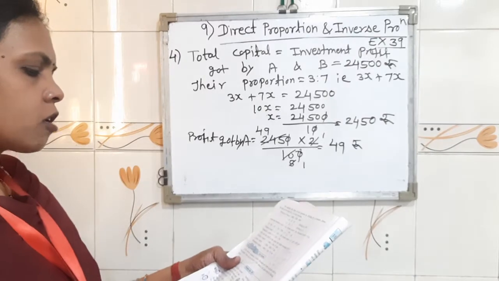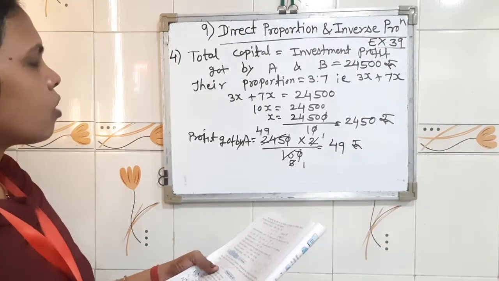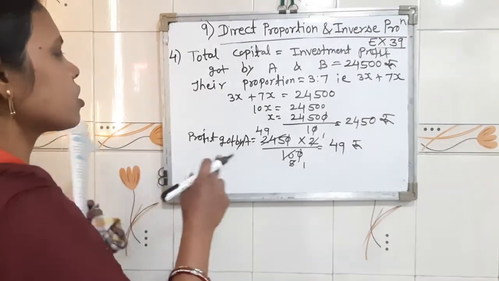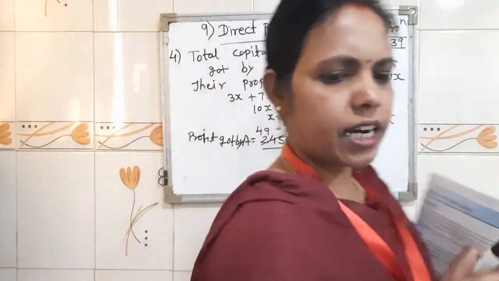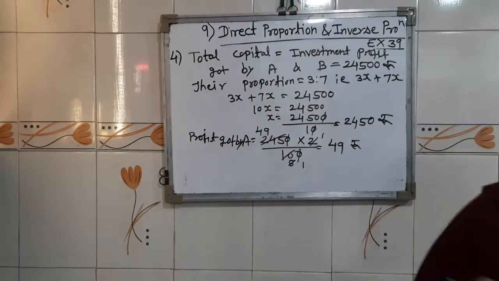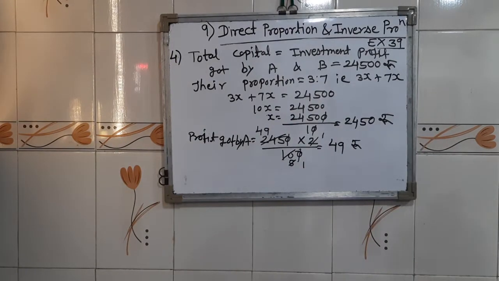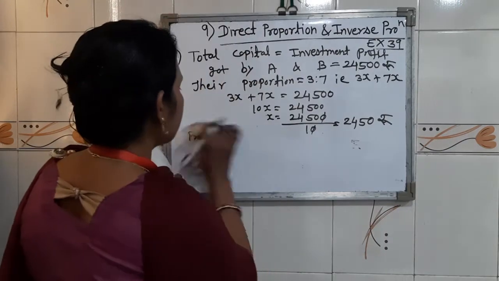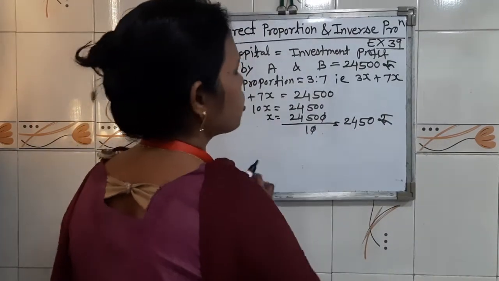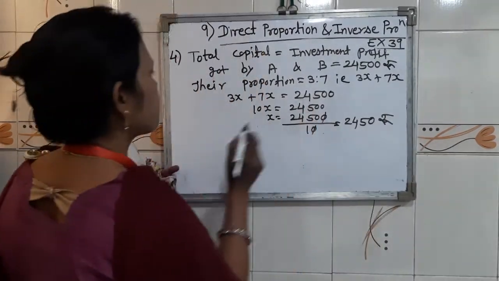Profit got by A equals, first what we will do children, here 2450, and after that we will do this one. First we will find out this one, 2450 rupees.